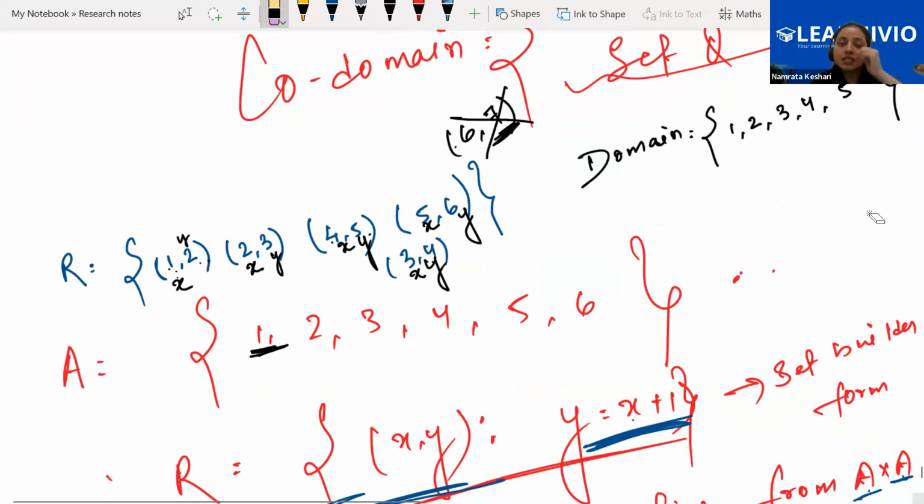The domain is the set of all possible first elements from R. From R, we take all the first elements, not from the set A. Check it: it is 1, 2, 3, 4, 5. That's our domain.